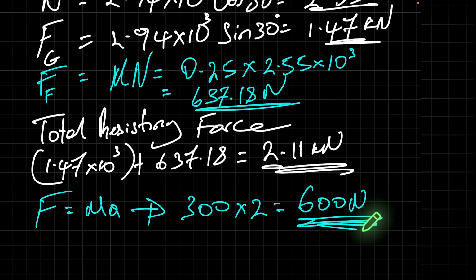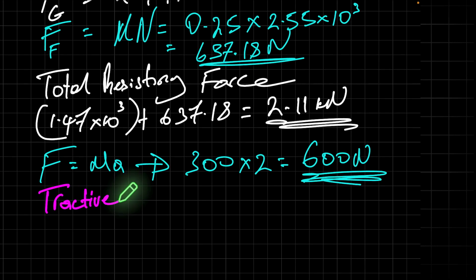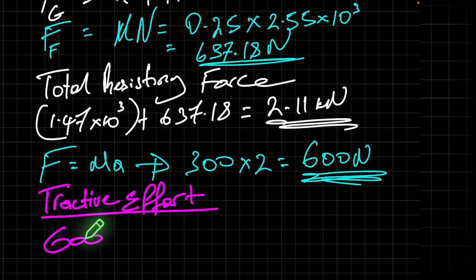So what that means now in the direction that we are looking to go, its tractive effort is going to be a sum of the two forces that we just summed up. So let's find the tractive effort now. So that's the 600 newtons for the force with respect to mass and acceleration that we just found, plus the total resisting force.